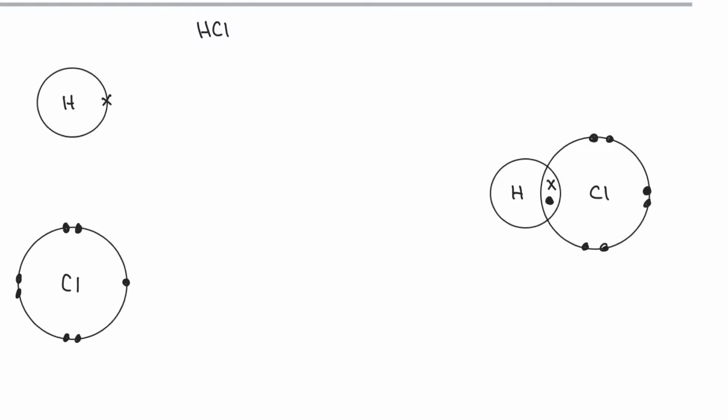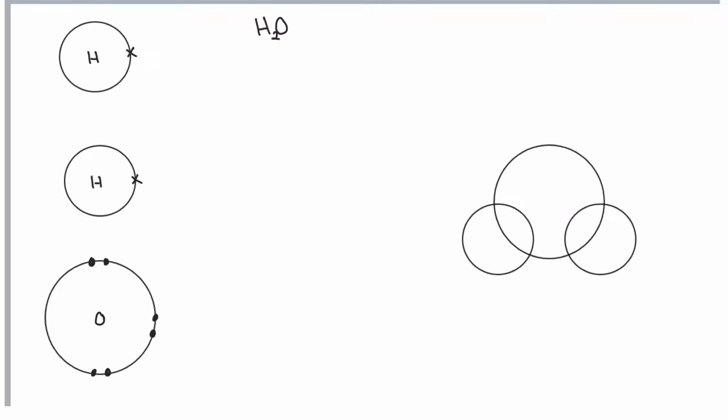So we could show that as H single line Cl because we've got a single covalent bond or 1 shared pair of electrons. And just having a little check, so we've not done that for a while. We've got 1, 2, 3, 4, 5, 6, 7, 8. So chlorine's okay. And hydrogen's okay just with 2 because hydrogen's only got 1 shell.